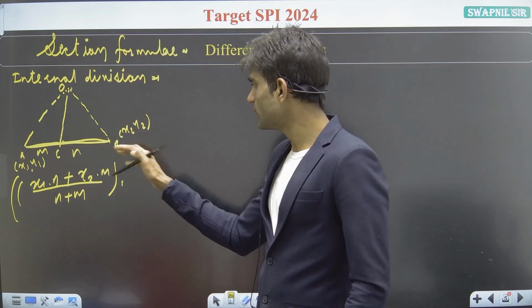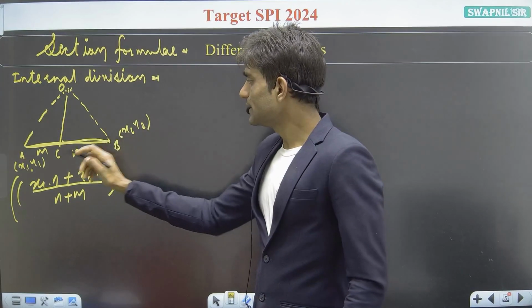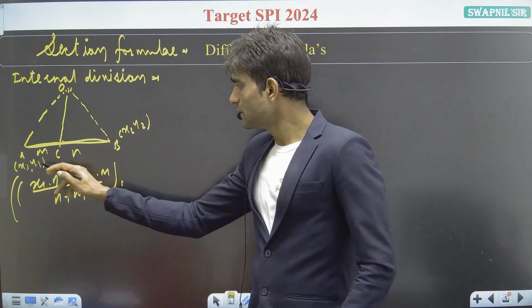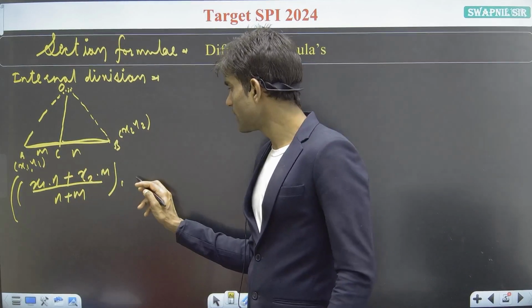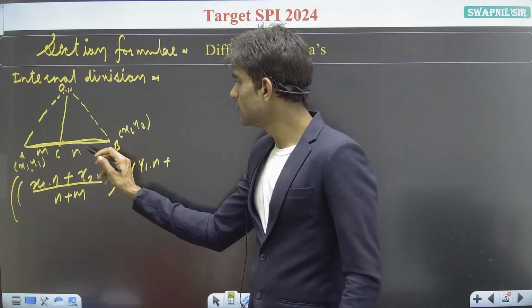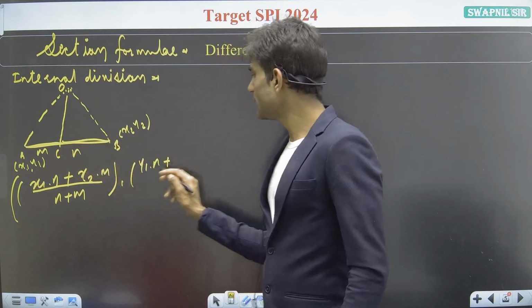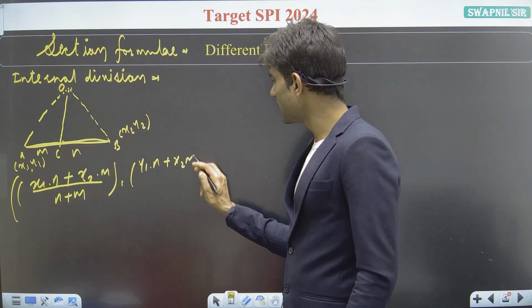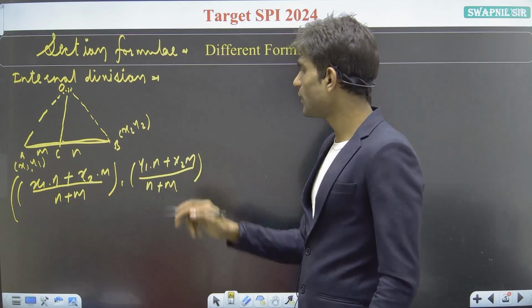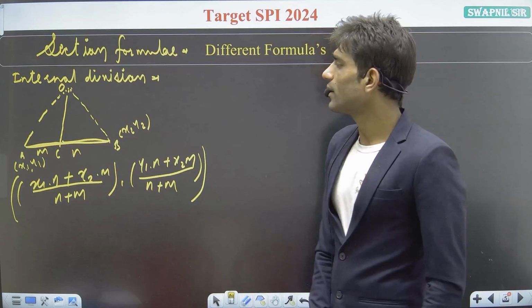Next, we take the same ratio in the opposite order. So y1 into N plus y2 into M, divided by N plus M, as the section formula for internal division.